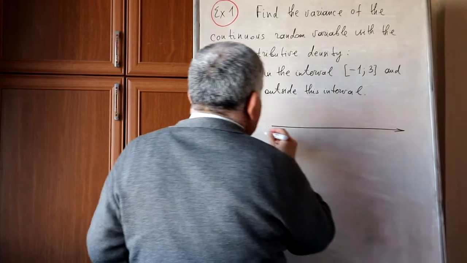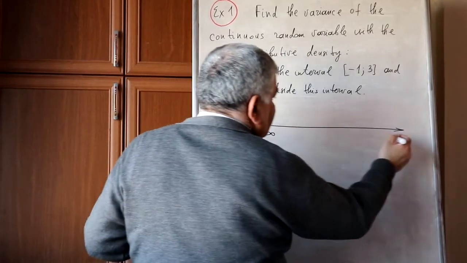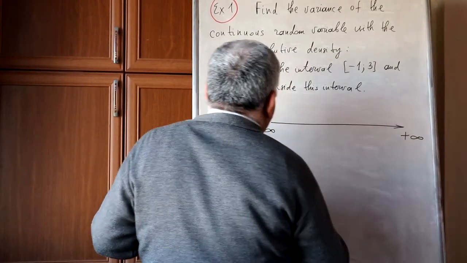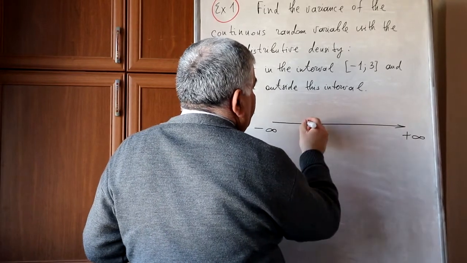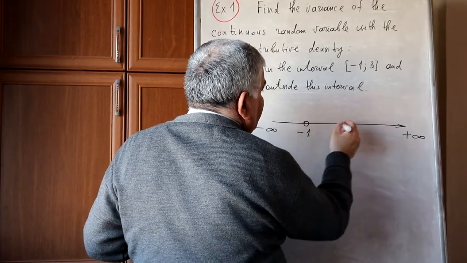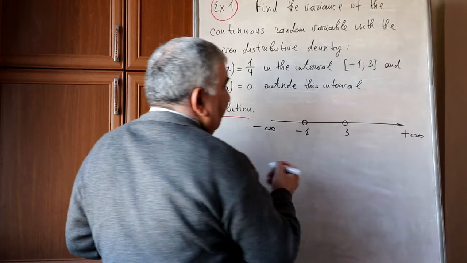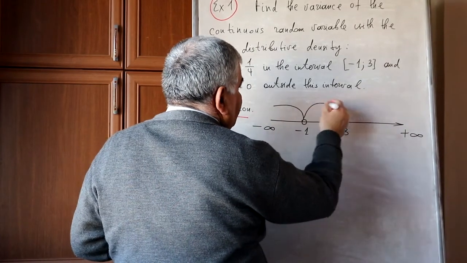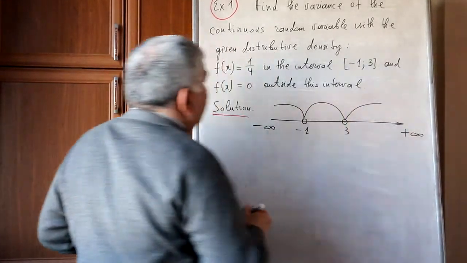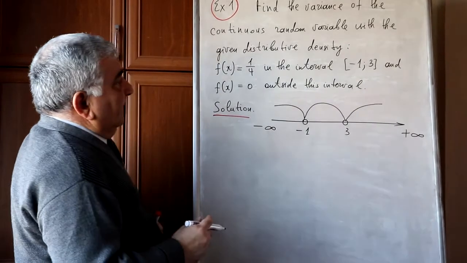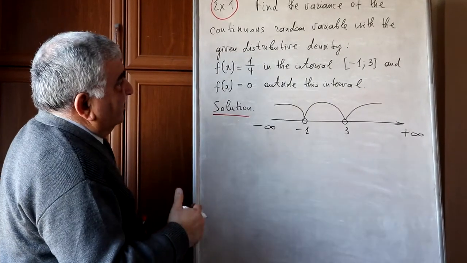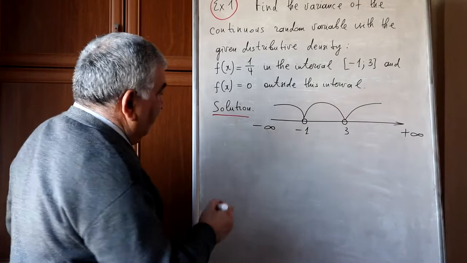Draw these intervals, minus infinity to plus infinity. Here minus 1, 3, and we have three intervals. And therefore we can rewrite the condition in the following form.